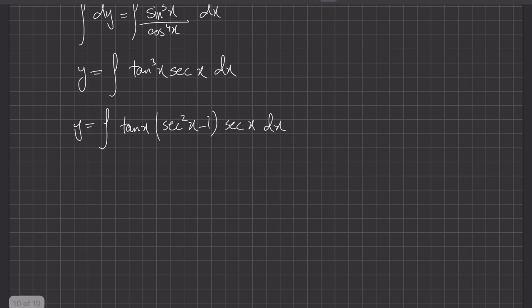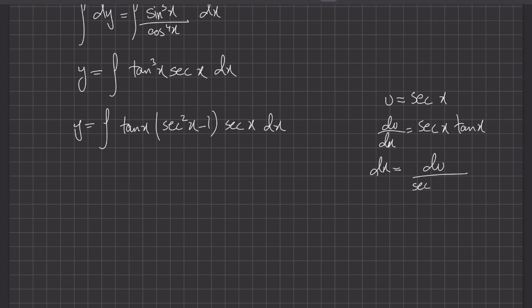Which enables us to use u substitution. Choosing u as secant x gives du over dx as secant x tan x, and dx as du over secant x tan x.